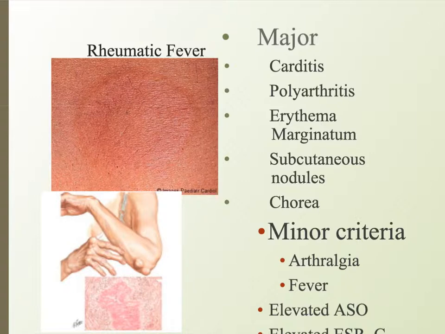And then the minor criteria would be arthralgia, fever. You could also have an elevated antistreptolysin O titer, an elevated ESR, a C-reactive protein, and they may even do an ECG and see what's going on with the heart.